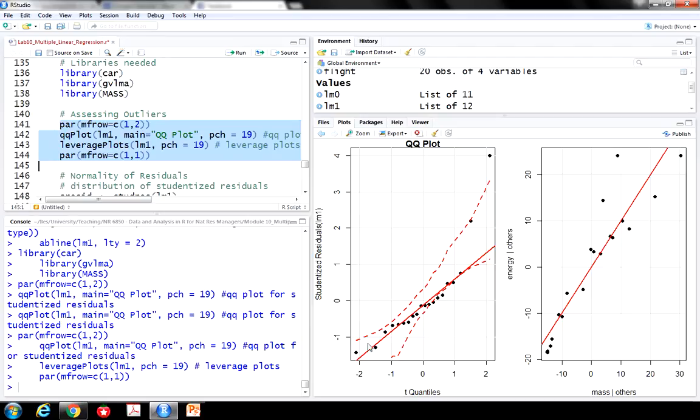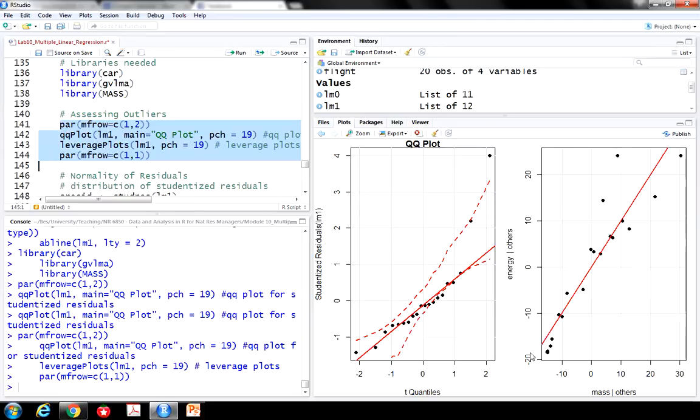I do want to see that these points are within these confidence intervals, and some of these points are approaching the outside of the confidence intervals, so that's maybe not good, but there's only 1 or 2 of them out there. So I might have some departures from normality and some outliers here that I might be a little bit concerned about. Maybe then I would want to consider log transforming my y and my x values like I did in the beginning of the lab. Maybe that would deal with some of these issues.